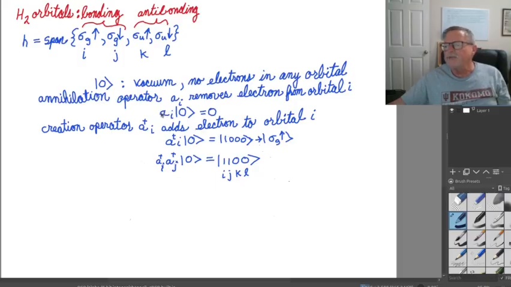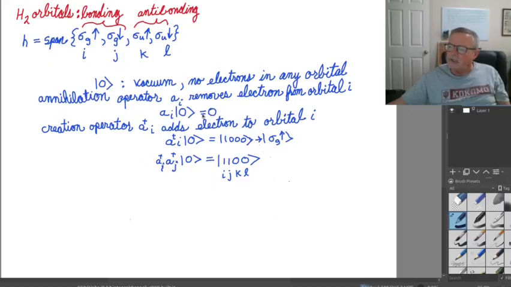The A is for annihilation, and it happens that the adjoint of annihilation is creation. Kind of like the opposite of annihilation is creation. Annihilation says remove an electron from orbital I. Creation says add an electron to orbital I. If I try to remove an electron that isn't there, then that returns a 0. So you never want to try to annihilate something that's not there, or the whole expression just collapses to 0.